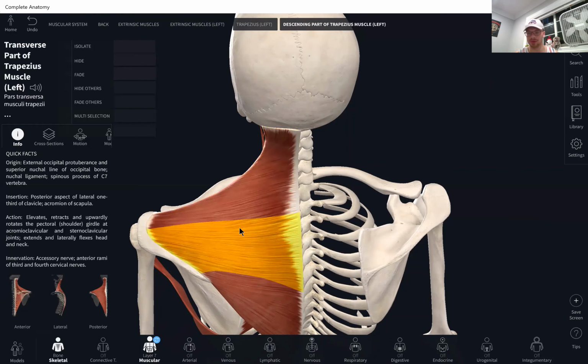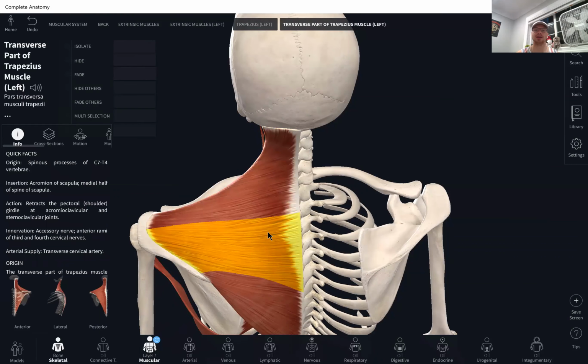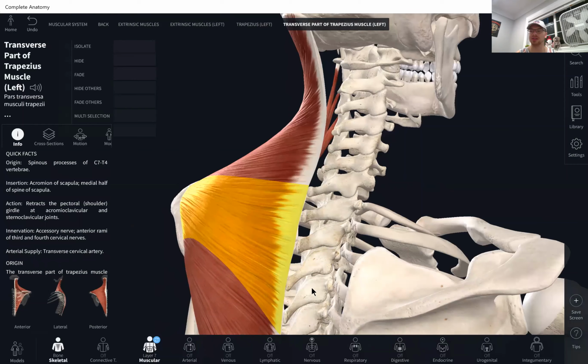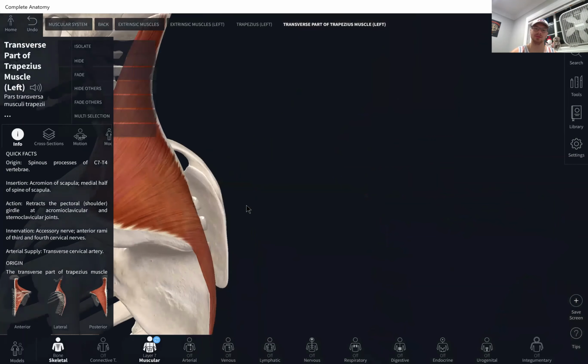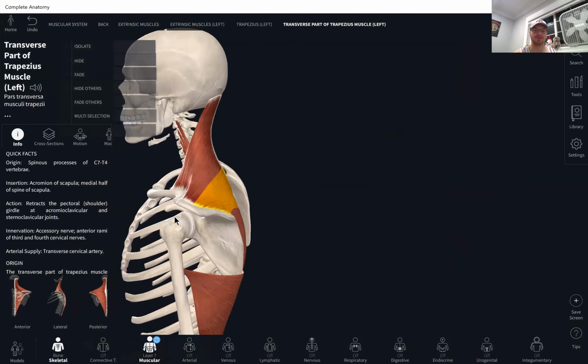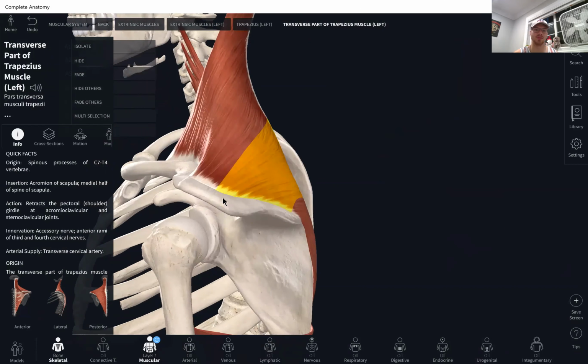In middle, we have our middle trap. And at this point, we're at the thoracic spine. So we can see T1 to T5, those spinous processes is where this muscle originates, as well as the supraspinous ligaments, that posterior ligament that connects all of the spinous processes up and down the spine. And then the insertion for this one is going to be the spine of the scapula. We can see there, as well as the medial margin of the acromion process, way up here.